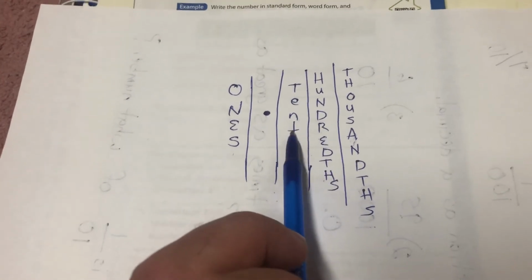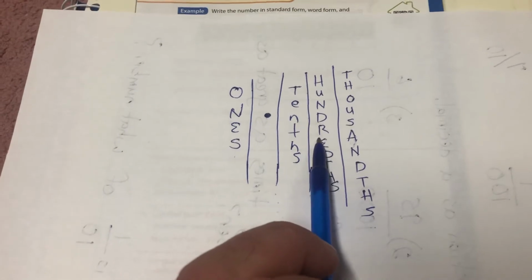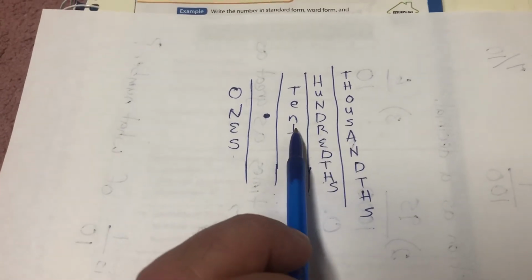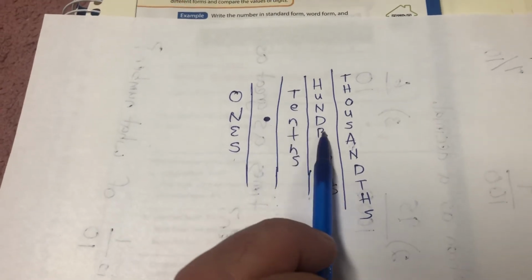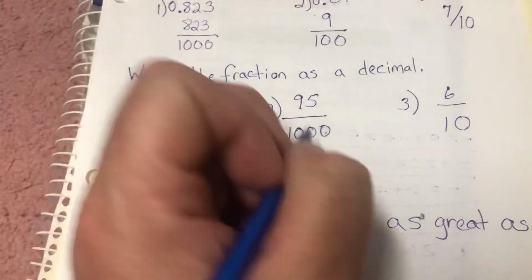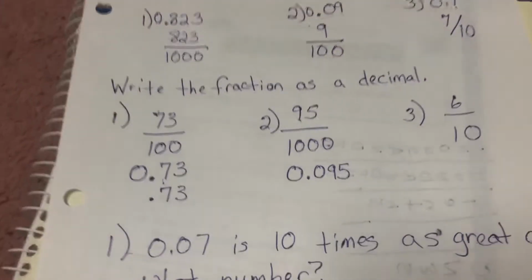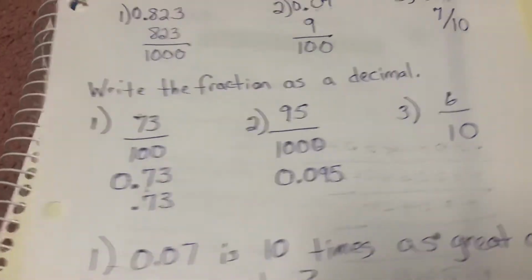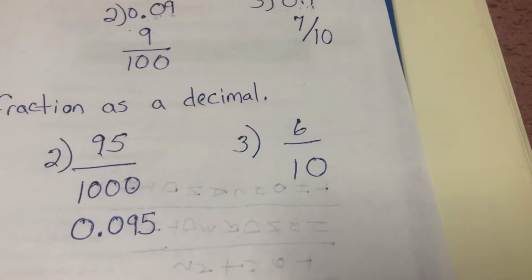But I have to put a number in the tenths place because it's just 95 thousandths. Since there's no number to go there, I have to put a 0 here. So it's going to be 0.095. And so I'm looking at that, 0 and 95 thousandths, 0.095.